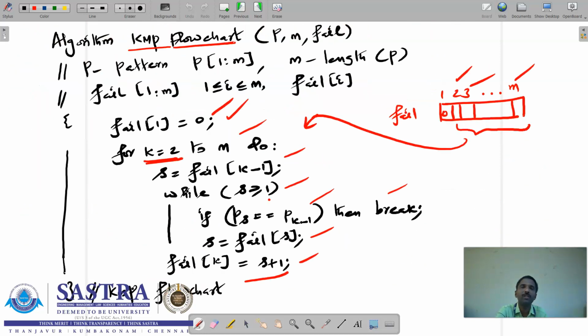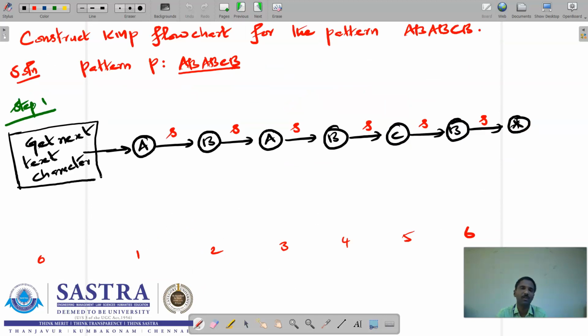So to check if the given pattern is available in the text, according to KMP, we need to first find the KMP flowchart construction. So we need to construct the KMP flowchart. Step number 1, we need to fill the successful links. Like this, we take the pattern characters as corresponding nodes. Nodes are numbered here. Successful links are filled.